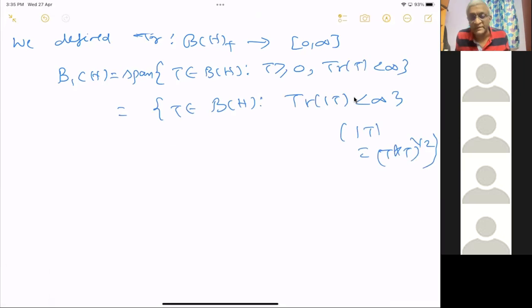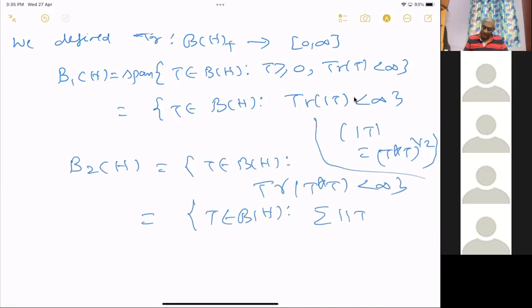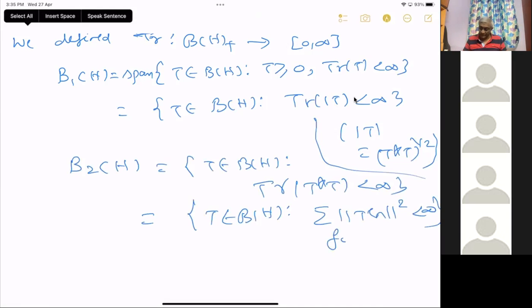So we defined Hilbert-Schmidt operators also, but more or less we have finished that. Anyway, I will recall. We defined Hilbert-Schmidt operators to be all those T in B(H) such that trace of T*T is less than infinity, which is the same as the sum of norm Te_n squared being finite.